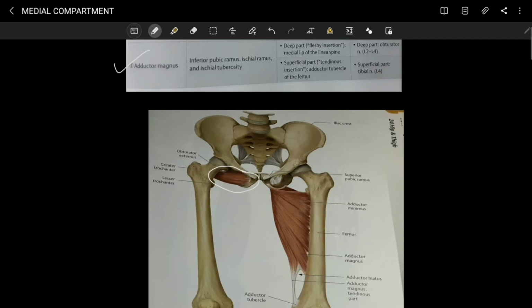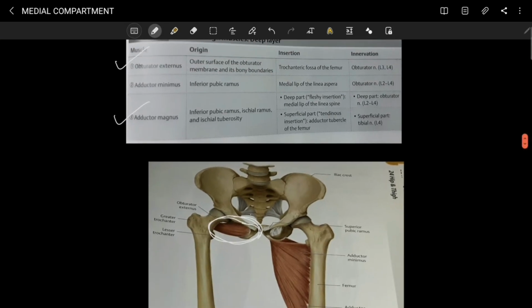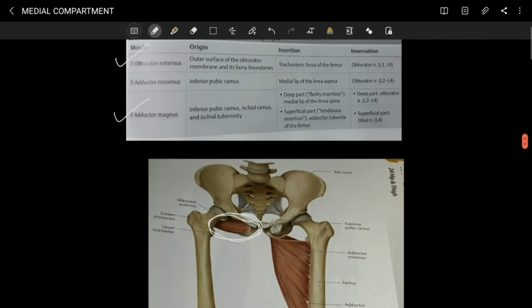It is one of the smaller muscles of the thigh and is very superiorly located, as you can see right here. It's got its origin at the outer surface of the obturator membrane and inserts into the trochanteric fossa. Here we have the greater trochanter, the lesser trochanter, inserted into the trochanteric fossa.